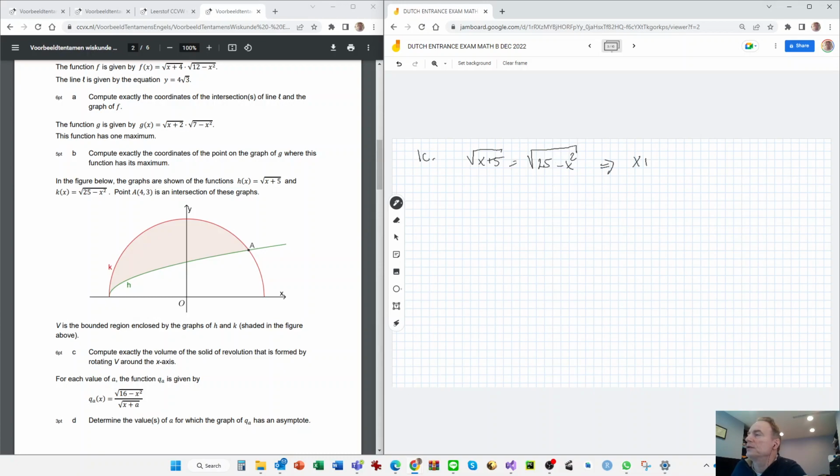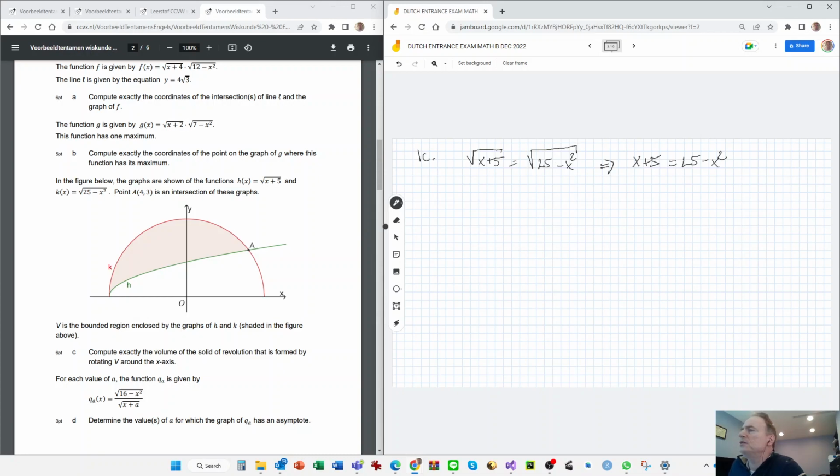So that kind of means that x plus 5 has to be equal to 25 minus x squared, and like in the previous one, not necessarily the reverse is true. So always have to be a little bit careful.